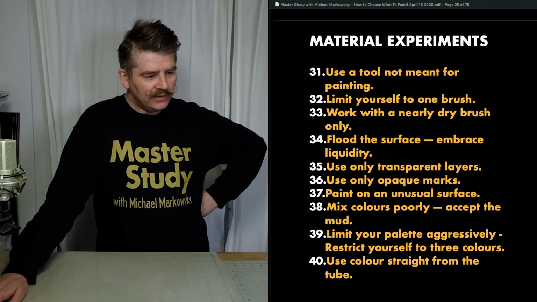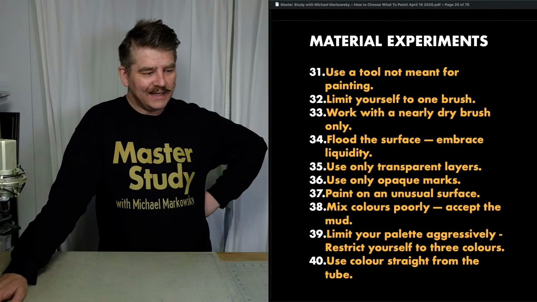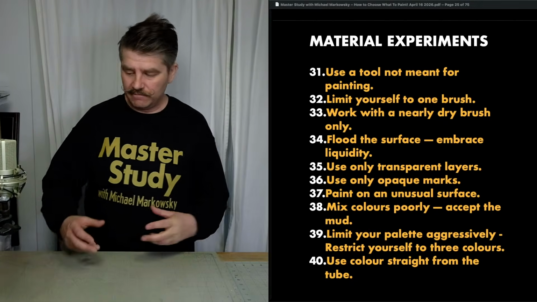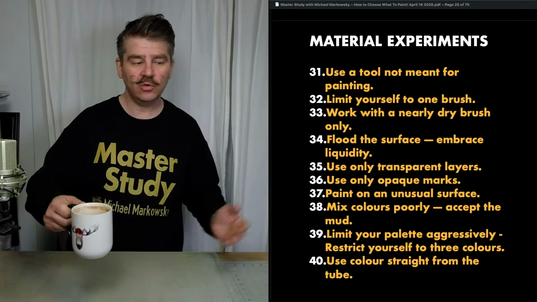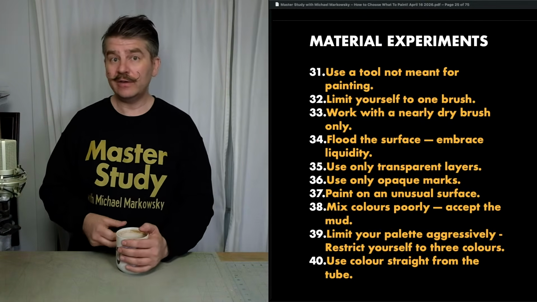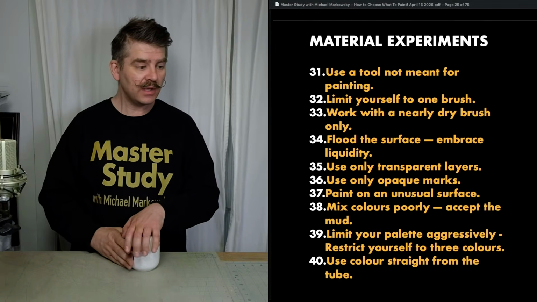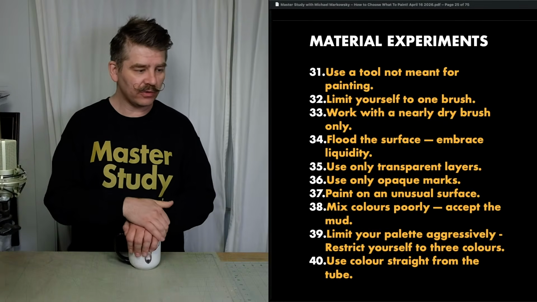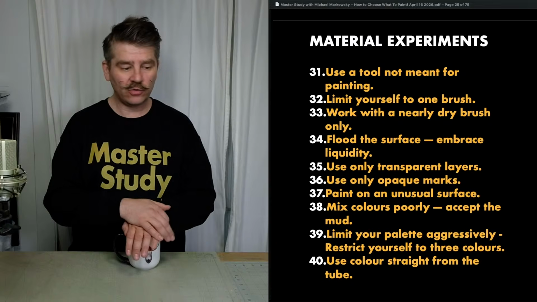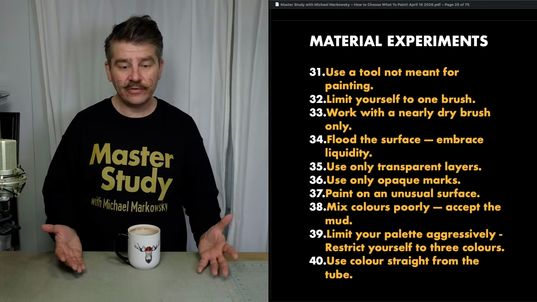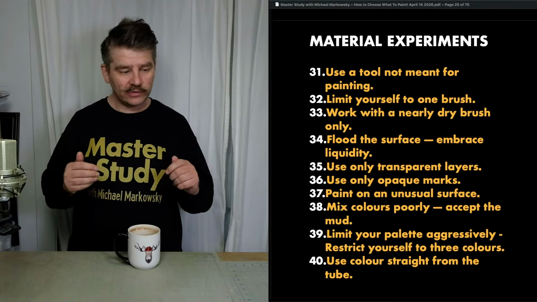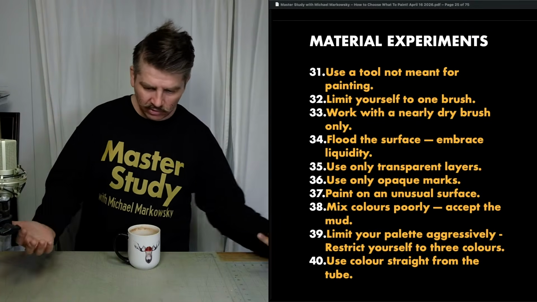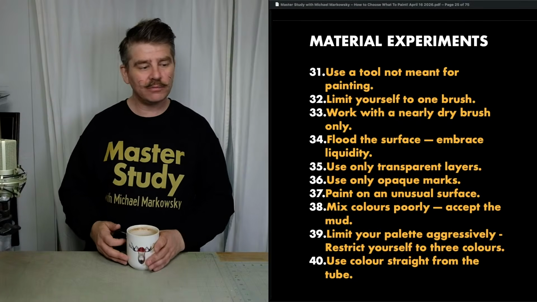Number 34 is flood the surface, embrace liquidity. That's taking paint and just splashing it over top of the surface. Again, that's another technique that comes from Asia, China and Japan. There are whole methods of painting that involve taking ink and splashing it onto the surface and then trying to create a composition from those random splashes.